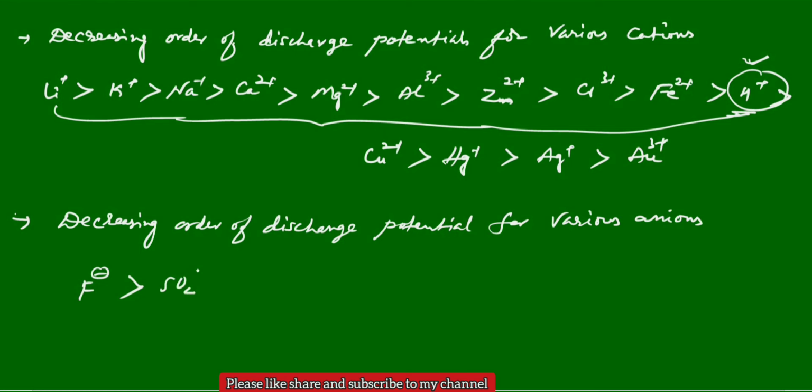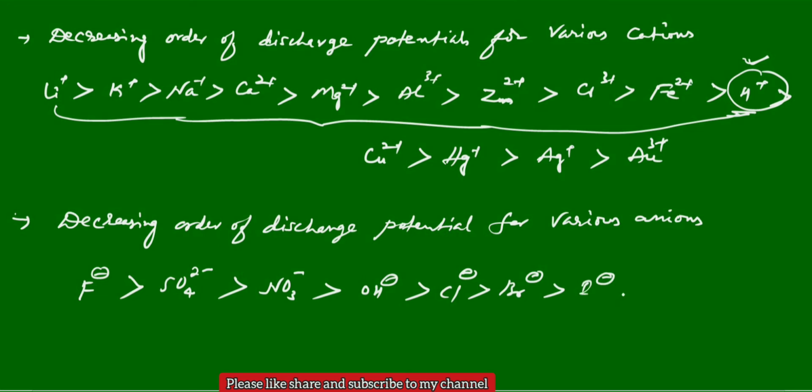Then we have sulfate, nitrate, next OH minus hydroxide ion, Cl minus, Br minus, I minus. So this is the order. Here fluoride, sulfate and nitrate have higher discharge potential values, and higher discharge potential means they are less preferable to deposit at the anode.